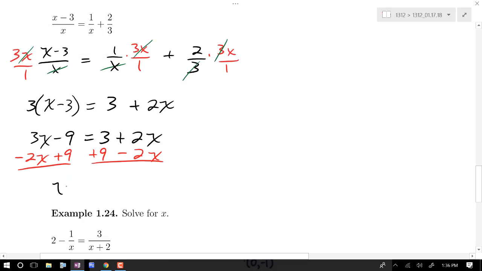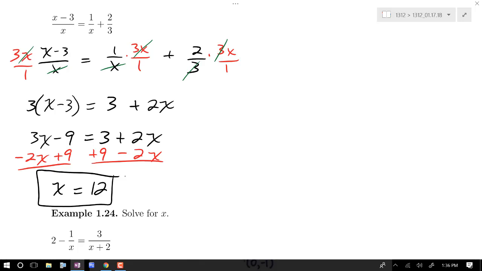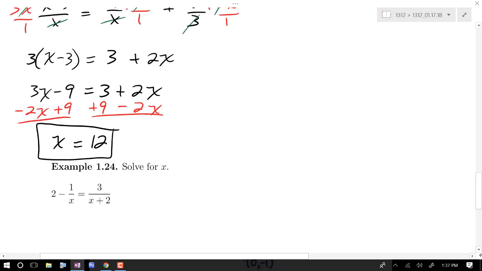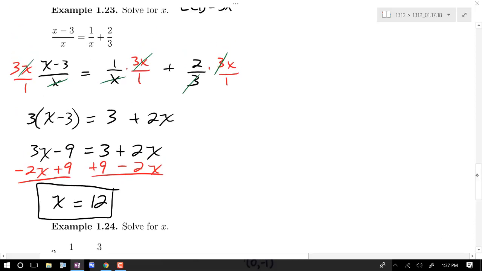So we get x equals 12. Questions on that example? Okay.